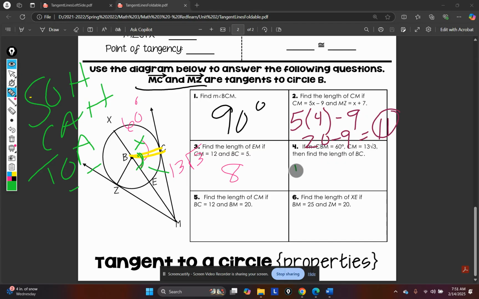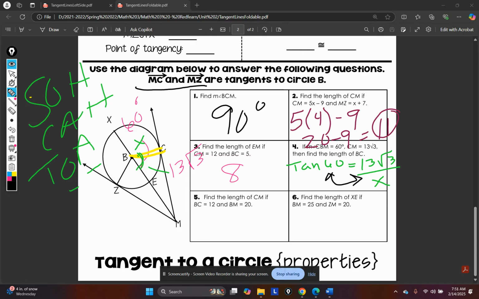So we're going to say tangent of the angle, which is 60, equals 13 square roots of 3 over x. Okay, 13 square roots of 3 over x. Now, if you remember in the video that I gave you before, I gave you that little trick where you don't have to do all the math, just go back and forth and you can flip-flop those two.